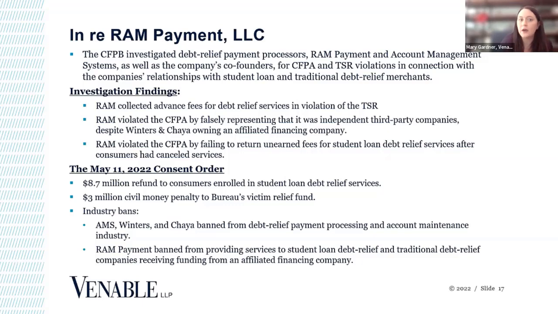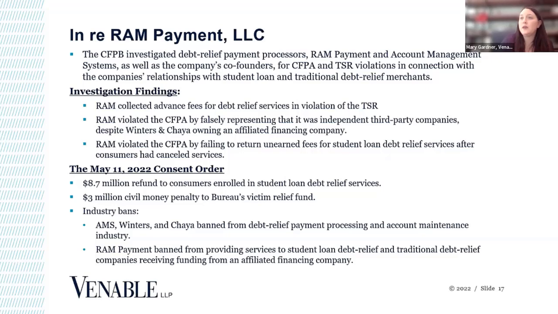A little more detail, AMS and RAM provided account maintenance and payment processing services to consumers. And the CFPB alleged that they provided those services to a total of about 270,000 consumers over the course of the relationship.